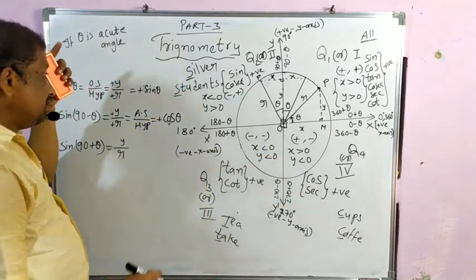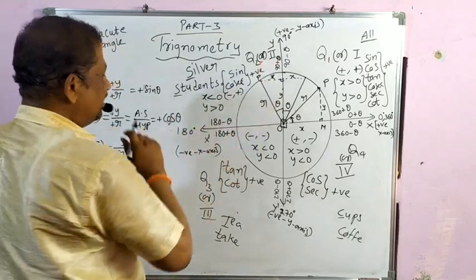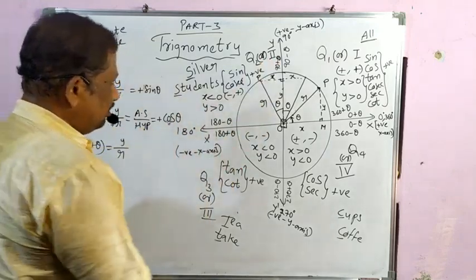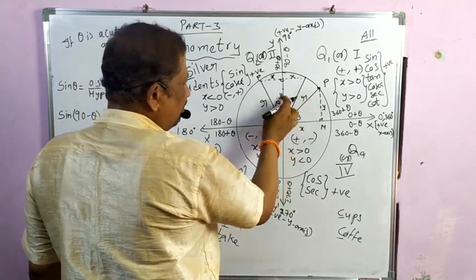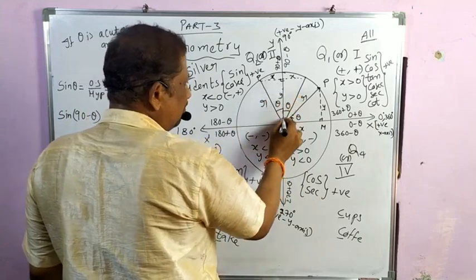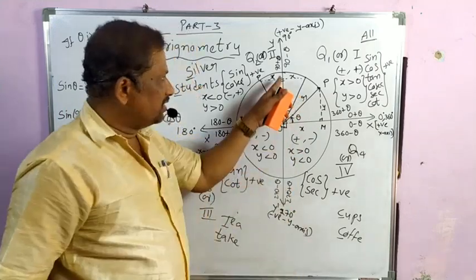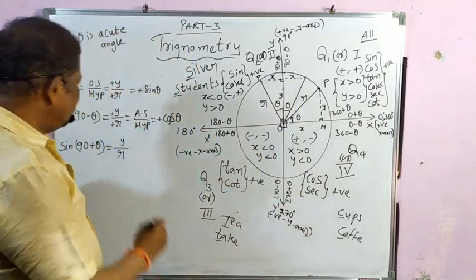Now you see x is less than 0 and y is greater than 0 here. The opposite side by hypotenuse will become adjacent side by hypotenuse, since we measure the adjacent side on the y axis, where values are positive. So this is positive.